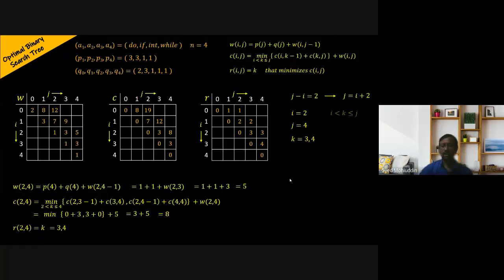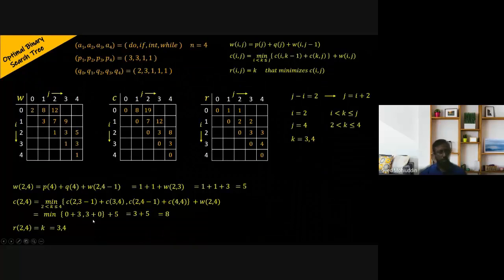Then we continue with the third set, taking I value as 2, J will be 4. So K value will lie between 3 and 4. So K will be 3 and 4. So we compute this, fill up the same cells, and what we have is 0 plus 3 as well as 3 plus 0. So here you can consider, even K3 is giving us minimum value, even K4 is giving us minimum value.